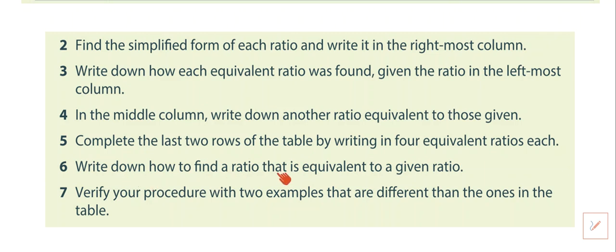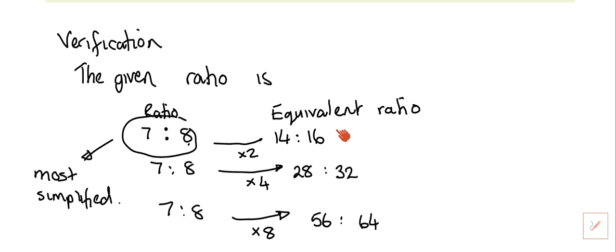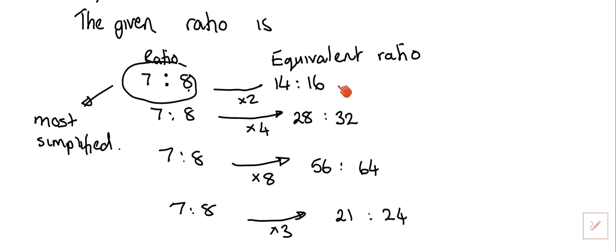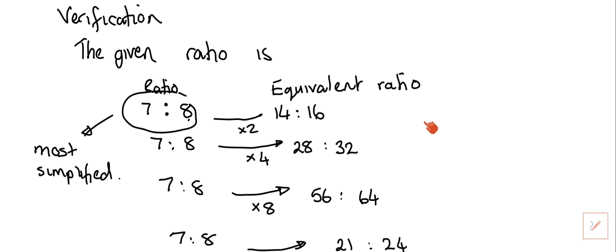Write down how to find a ratio that's equivalent to the ratio. We've just done it, right? So if you want to just copy what I've just done, up to you. But that table needs to be in your book. I haven't written it out, I've shown it, but you need to write a sentence. How do I find an equivalent ratio? Does that make sense? You're going to do it in your own words, whatever is meaningful to you.